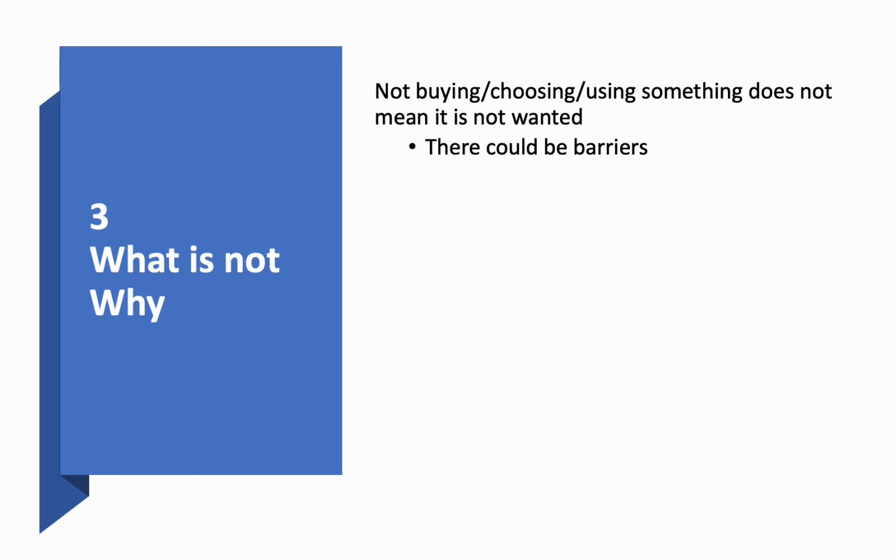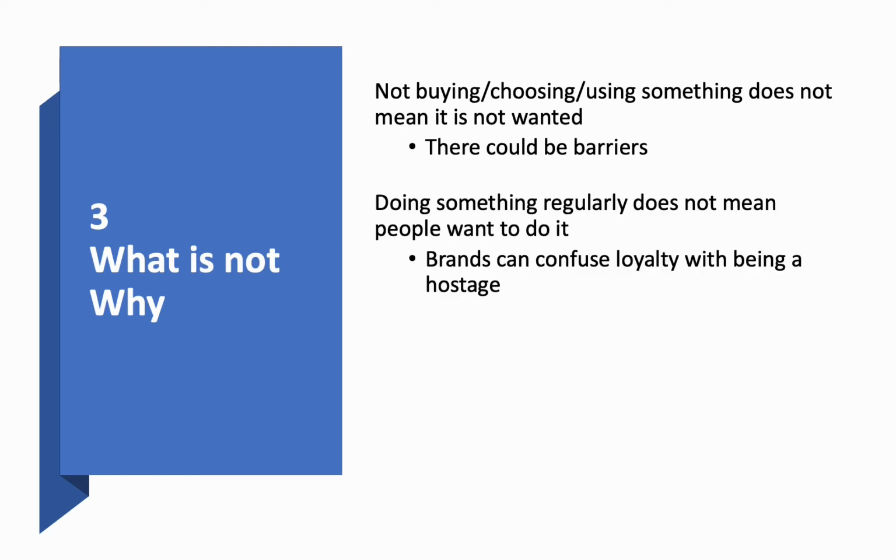I might really want an electric car, but my neighbourhood maybe doesn't have charging facilities. I would like to be using a new type of cooking pot, but my house doesn't have the right sort of hobs in it. So we always need to be looking at the observational data and thinking there could be barriers to why people are not using something.